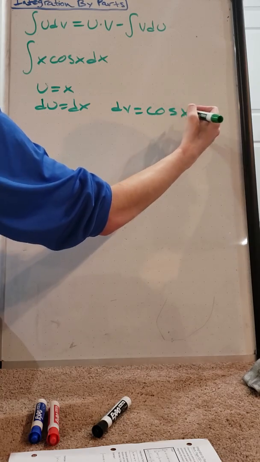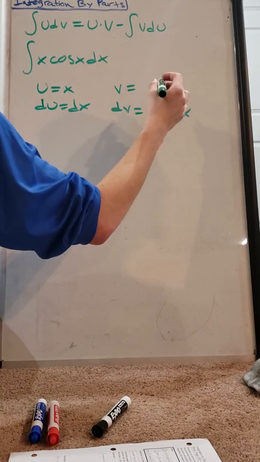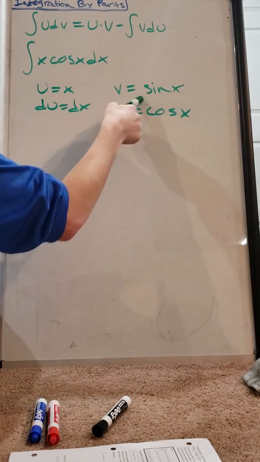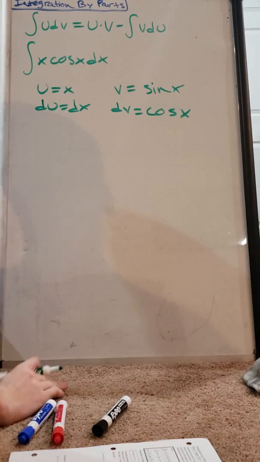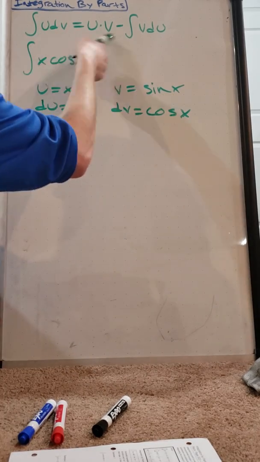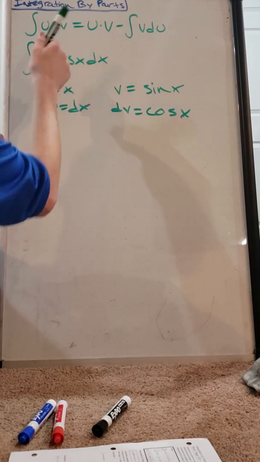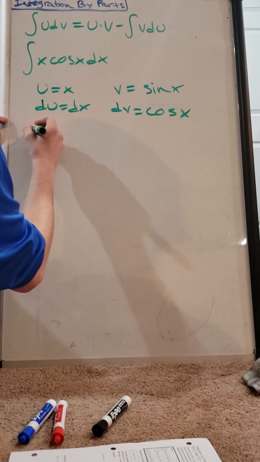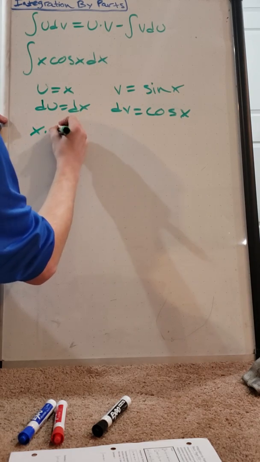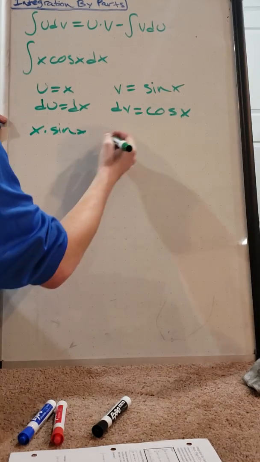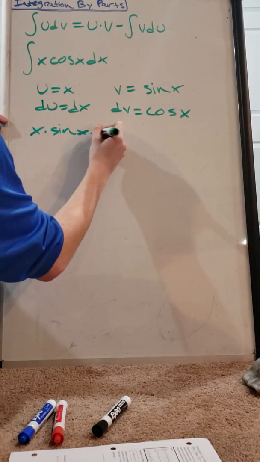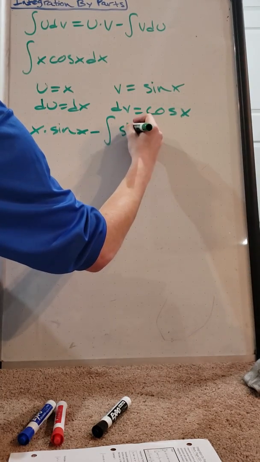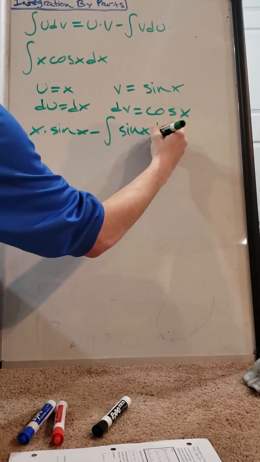If we integrate both sides, we get v equals sine x, because the derivative of sine x is cosine x. Now we plug this in. The integral of x cosine x is equal to u times v, that's x times sine x, minus the integral of v du, where v is sine x and du is dx.